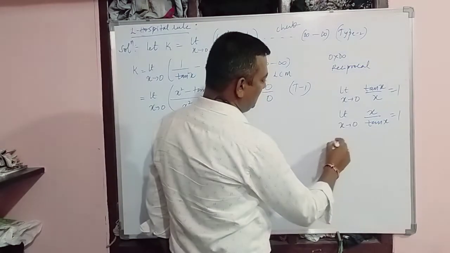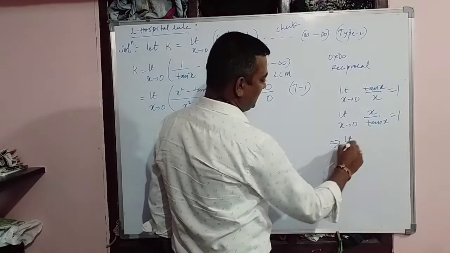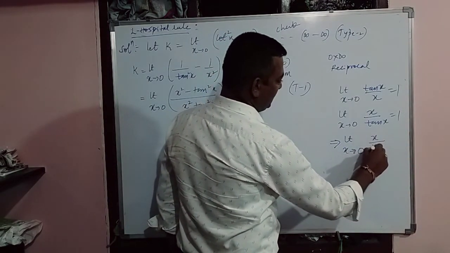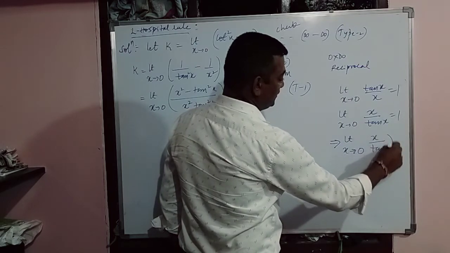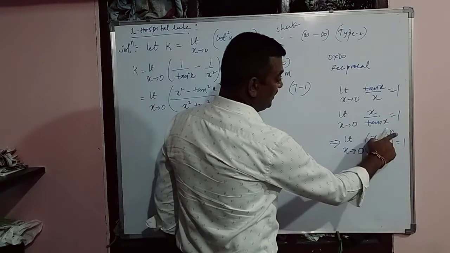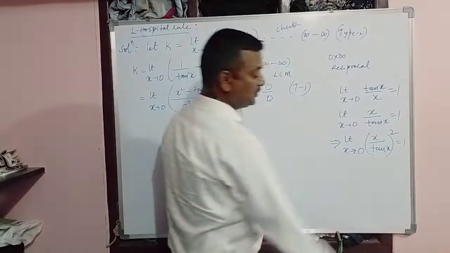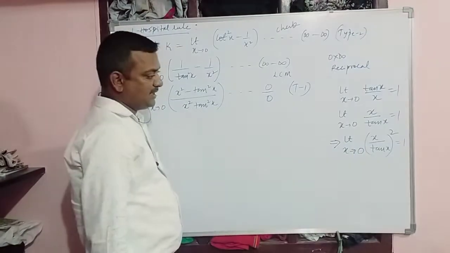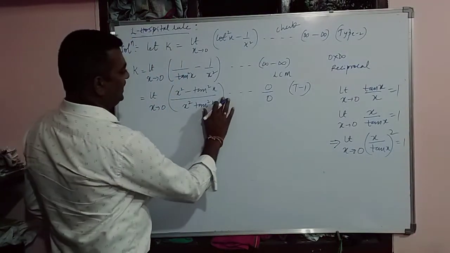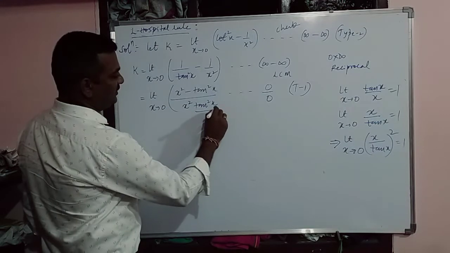The extension of this result can also be written as limit as x tends to 0, x by tan x whole raised to n is also equal to 1. In particular, we are going to take n is equal to 2. We have a standard limit, students. Now, to apply that, I make use of that result.